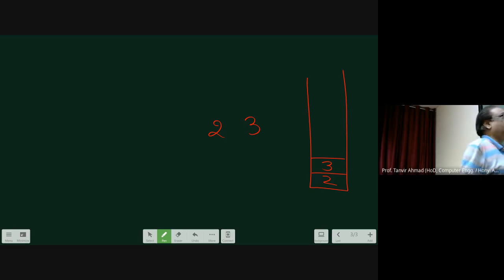Now, when I pop it out, I will have 3, then I will have 2, and I will have this operator. The operator is multiplication. You will get answer 6. You remove these 2 over here. Then you push 6 over here.